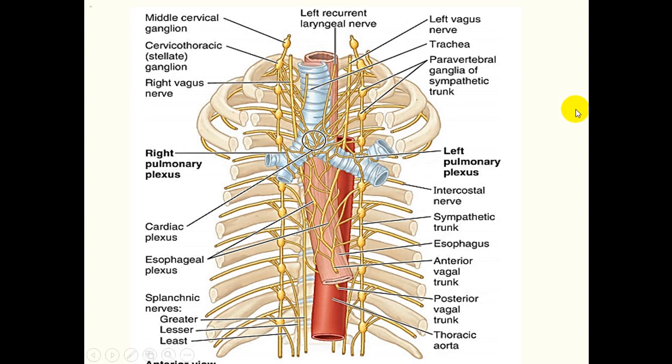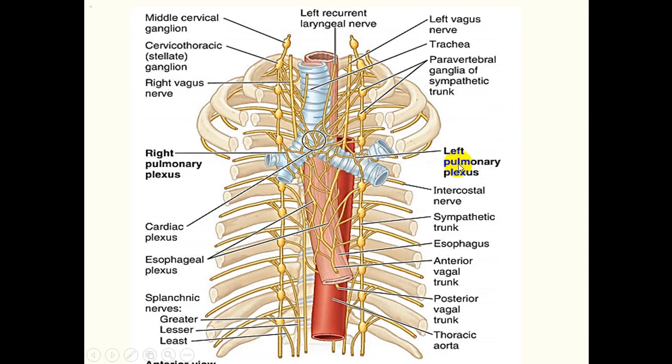Then we have sympathetic innervation derived from the second to fifth sympathetic ganglia, and they are basically the dilators of the tracheobronchial tree, and they also decrease the secretions of the glands present in the mucosa of the tracheobronchial tree. Both types of nerves mingle around the hila of both lungs, forming anterior and posterior pulmonary plexuses just in front of and behind the lung roots.